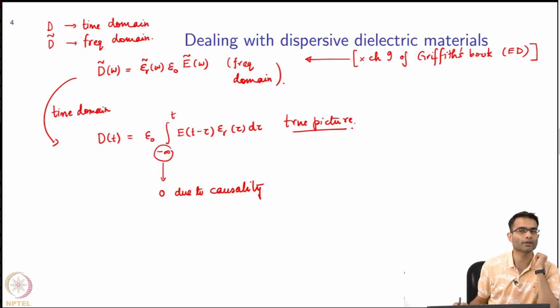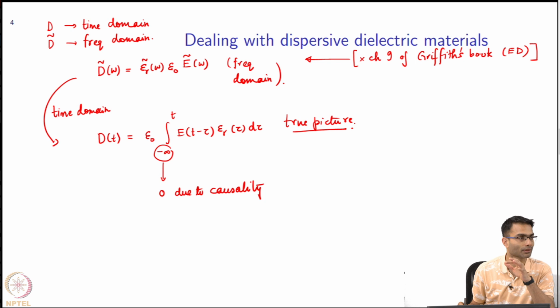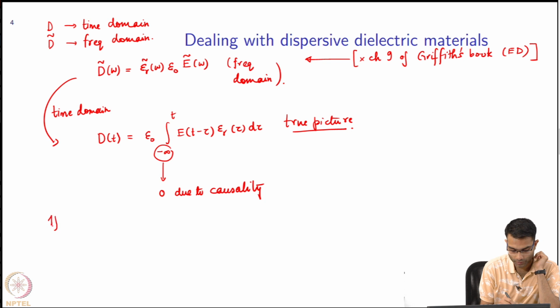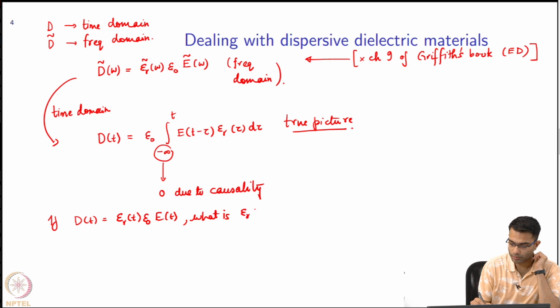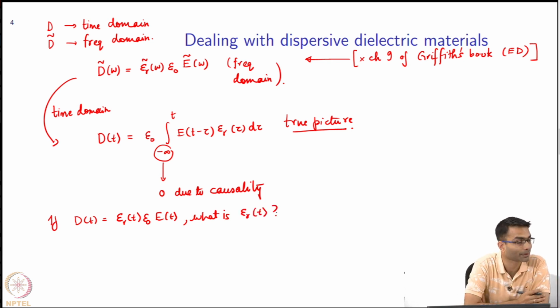So, this is the true picture. When we have naively been writing that D of t is equal to epsilon E in time domain, what does it imply? What kind of epsilon satisfies that? So, if D of t is equal to epsilon r(t) epsilon 0 E(t), under what condition will I get this very simple relation? Look at the convolution relation.